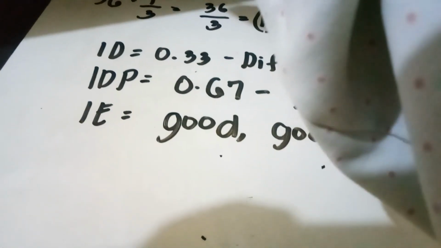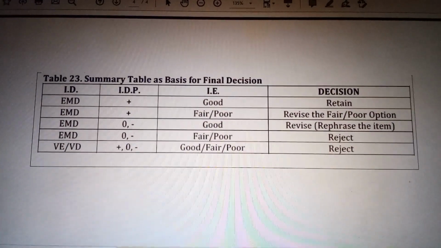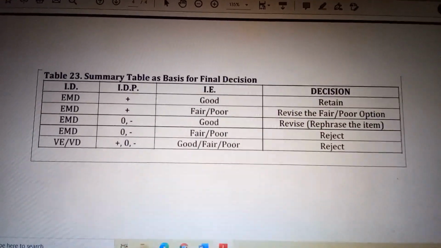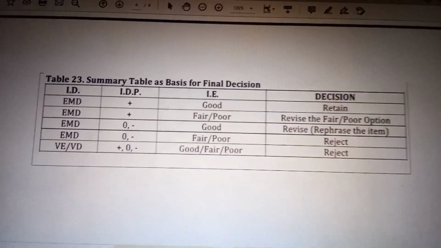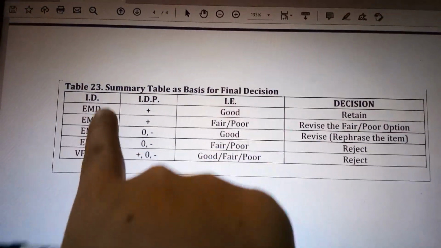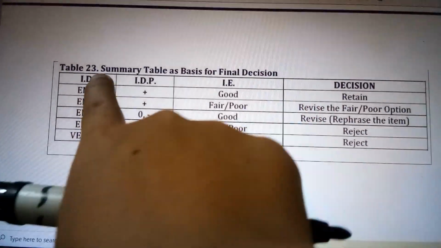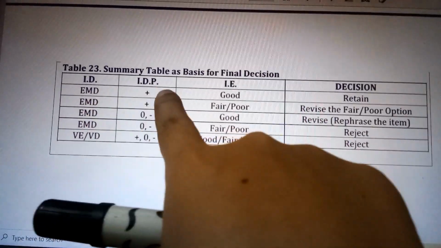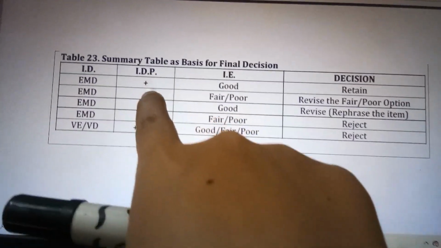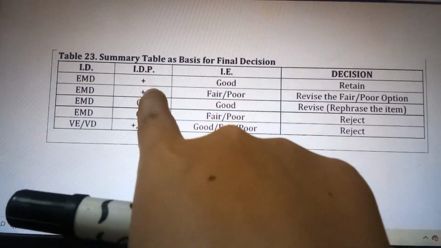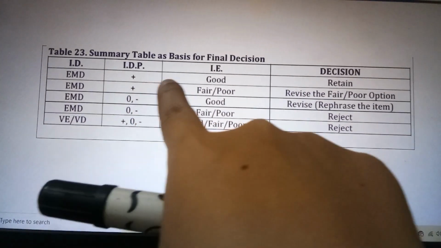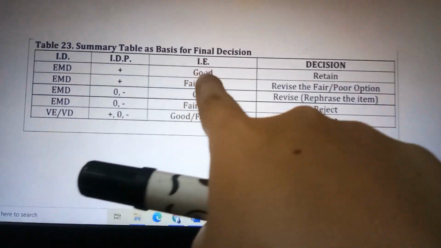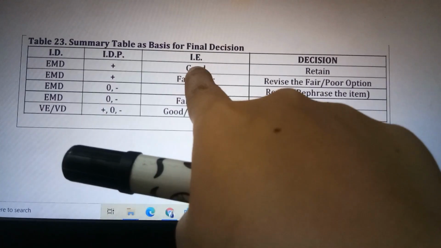Okay? Refer natin doon sa ating table. So, in here, ano ang gagawin natin doon sa item na yon? Una, the ID is difficult. Difficult tapos positive. So, dalawa na. Tama? Difficult, positive. And then, our IE, fair, and then good. Tama?